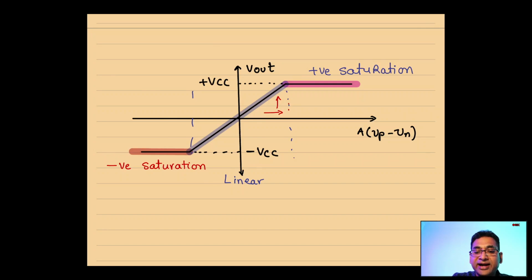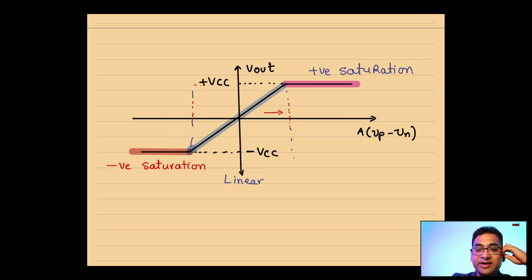But at a particular point, the output levels off. That's called a positive saturation region. And then on the other side, there is a negative saturation region as well. But you want to operate your operational amplifier in linear region as much as possible. So that's the idea of positive saturation, negative saturation, and linear region of operation.